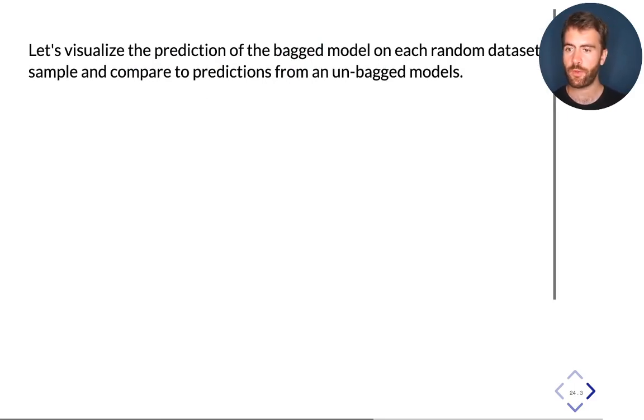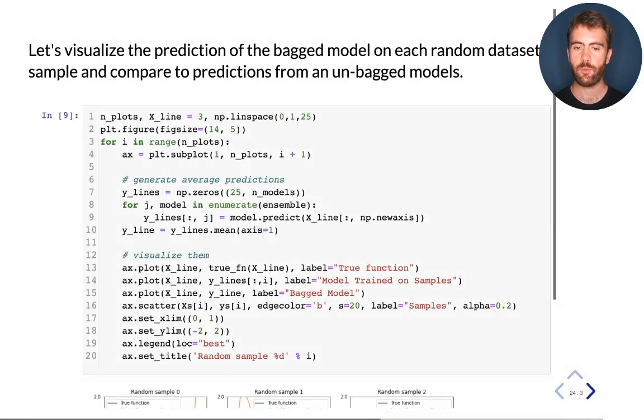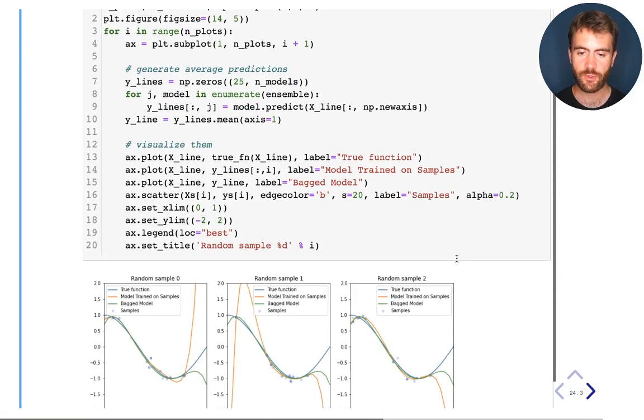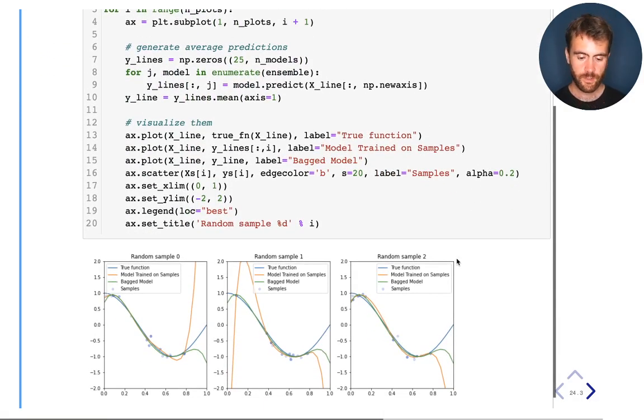I'm going to look here at 3 Bootstrap samples, and on each of these samples I'm going to visualize both the bagged model and an unbagged model that has only seen that training set. Here, this is the same drawing as earlier. Obviously, the blue curve is the true curve, and you see different random subsets of the data.